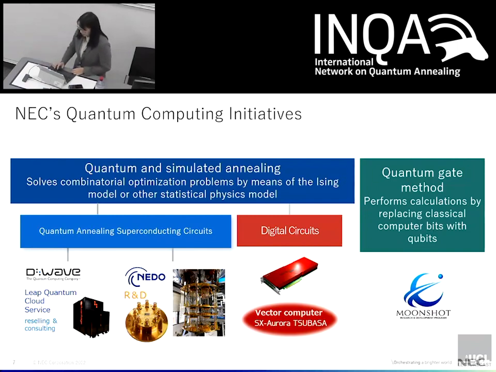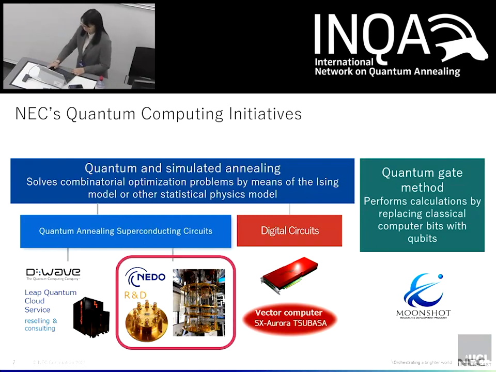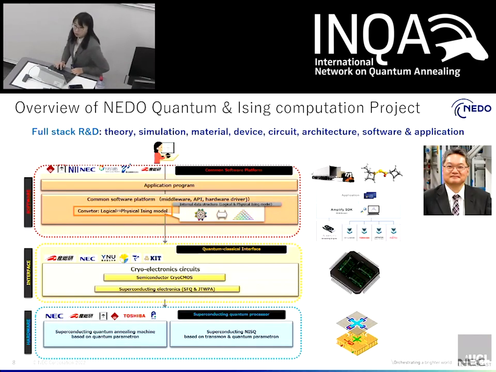The introduction has been a little bit longer, but now I start to focus on the development of the project of quantum annealing machine. We are developing a quantum annealing machine in the framework of this NEDO quantum and Ising computation project. In this project as well, multiple research institutes are working on topics ranging from quantum processor to the software platform.